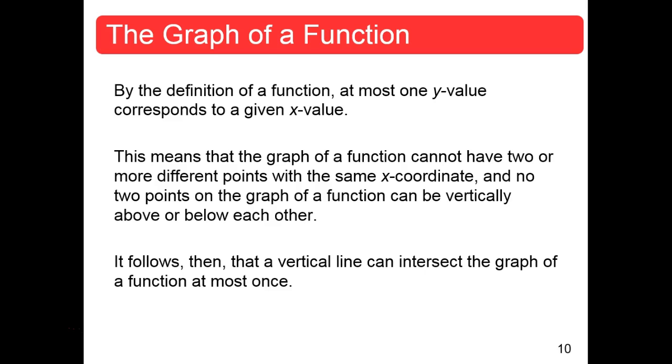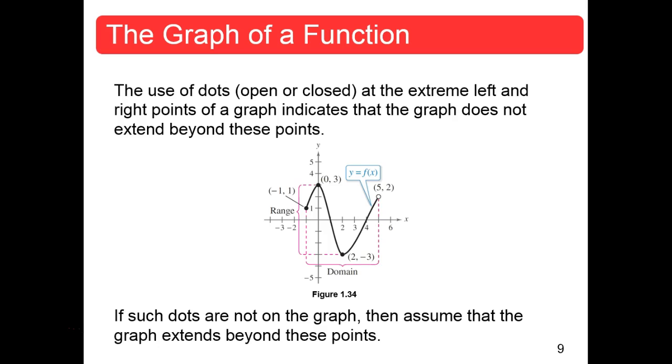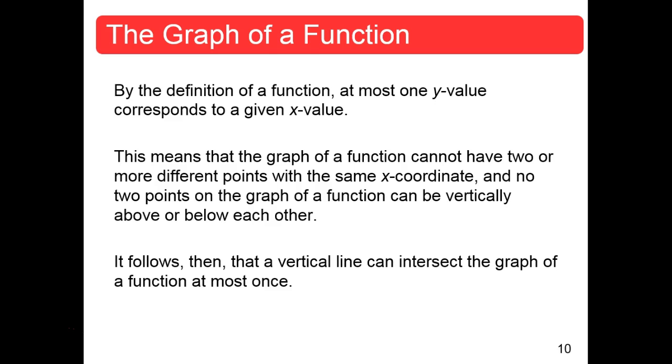And no 2 points on the graph. What that means, if you think about what I just said, is no 2 points on the graph can be above or below each other vertically. If they were, it wouldn't be a function. So that gives us a real handy way to tell whether a graph is a function or not.